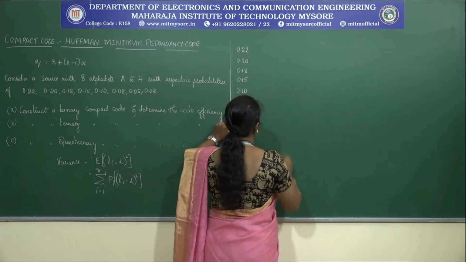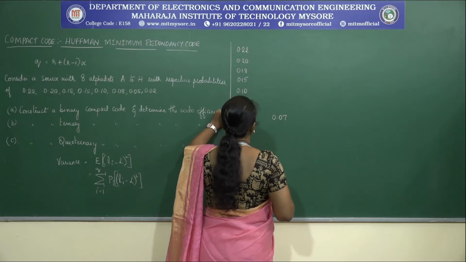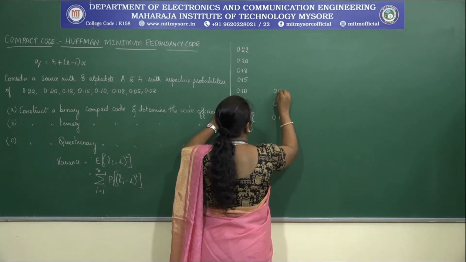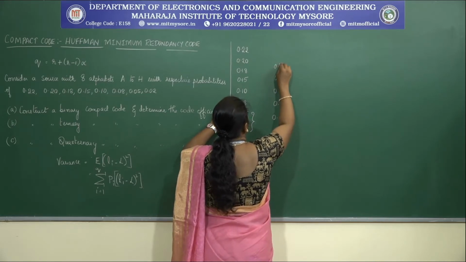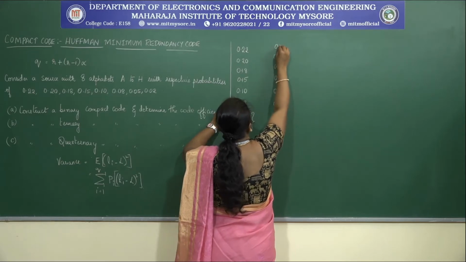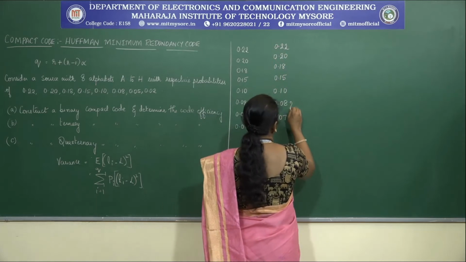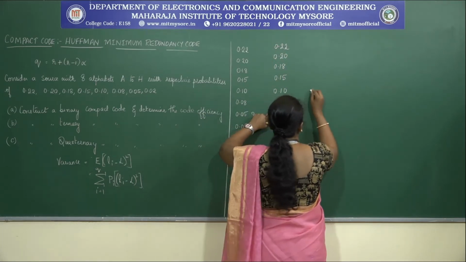The value of this is 0.07. Then we have 0.08, 0.10, 0.15, 0.18, 0.20 and 0.22. Then combine these two. It will be 0.13.